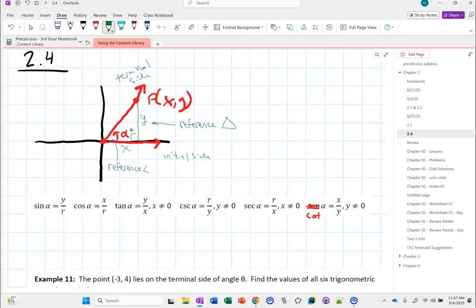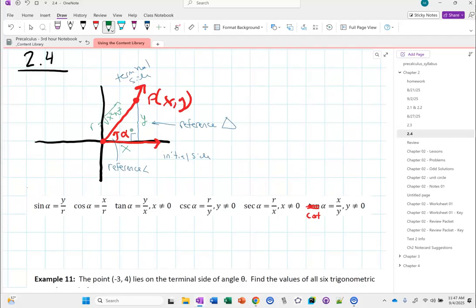Everybody feel good there? That means the hypotenuse has to be the square root of x squared plus y squared, just because of the Pythagorean theorem, right? Now, that stinks, so we're just going to call that r, and agree that r is equal to the square root of x squared plus y squared.